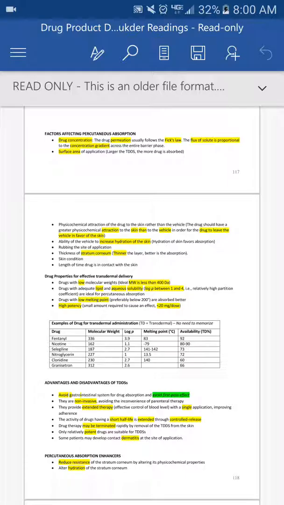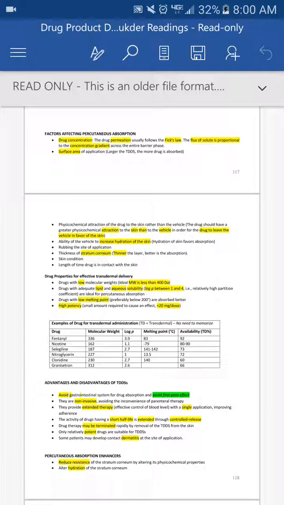So that's part of Fick's law. Cool. That doesn't make sense to me, but whatever.